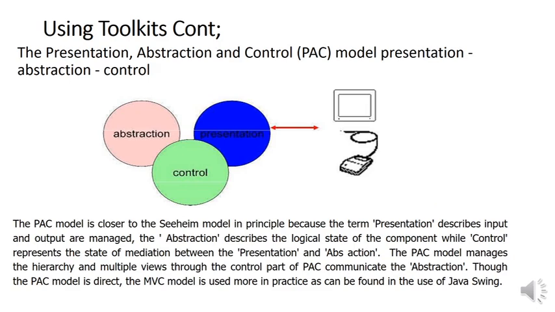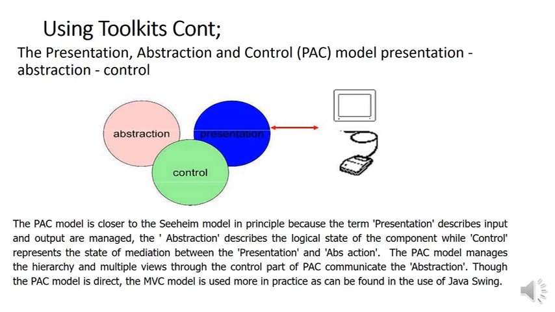The presentation, abstraction, and control, PAC model. It is still in line with what we've just explained, but in different terms. Abstraction represents the model, presentation represents the view, and control remains the same. The PAC model is closer to the scheme model in principle because the term presentation describes how input and output are managed.